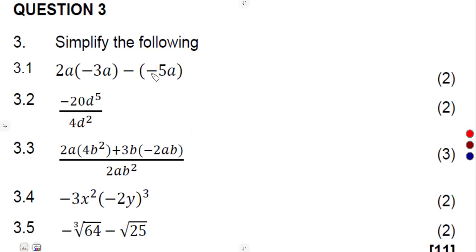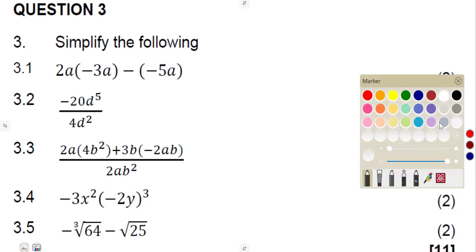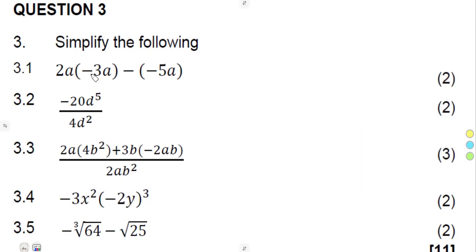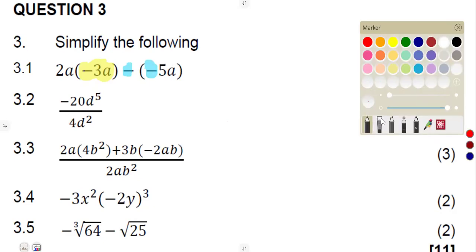You must know that. Okay, simplify the following. What can we do using our integer concept? There are brackets. We must expand the brackets. Here, there is a bracket multiplied by the 2a outside. If we check here, there is a negative to a negative. Remember, I told you it's going to be a positive, that one.